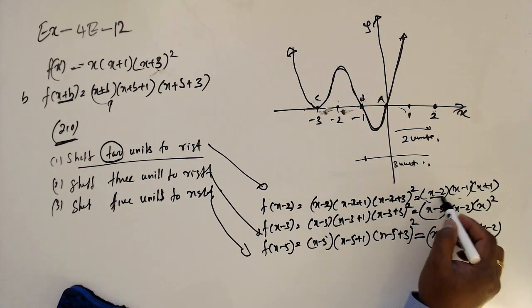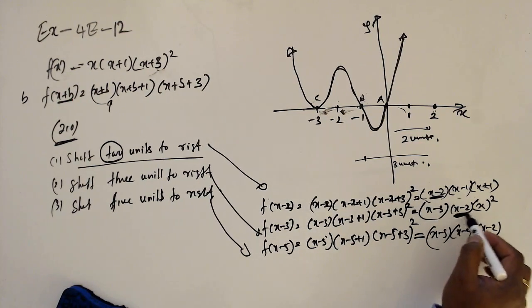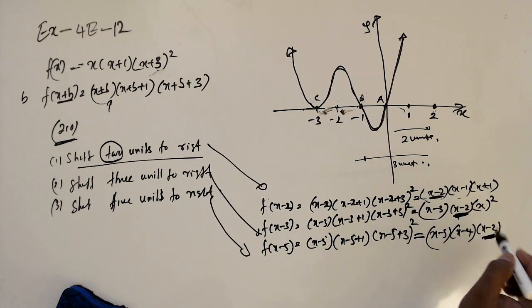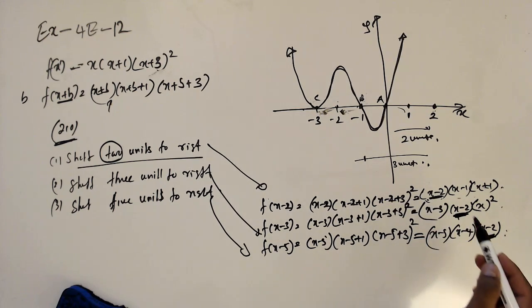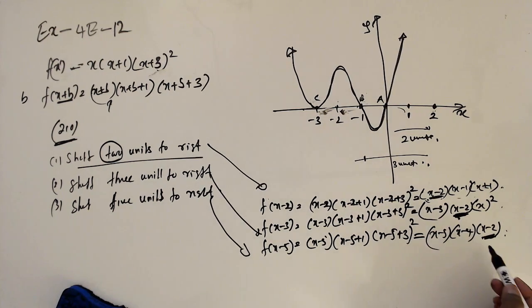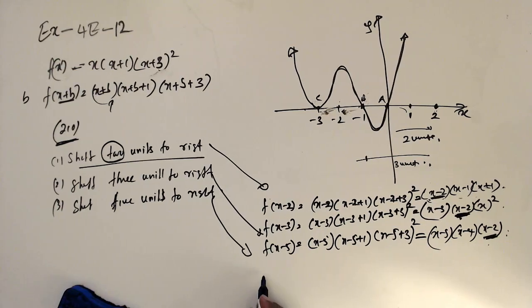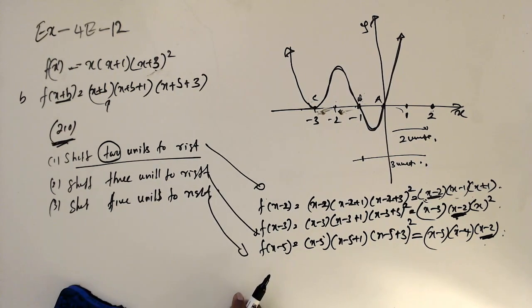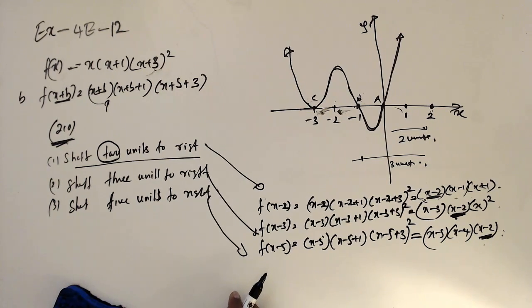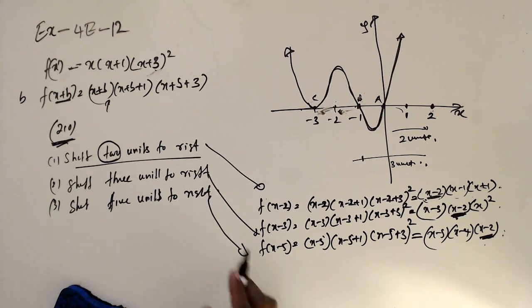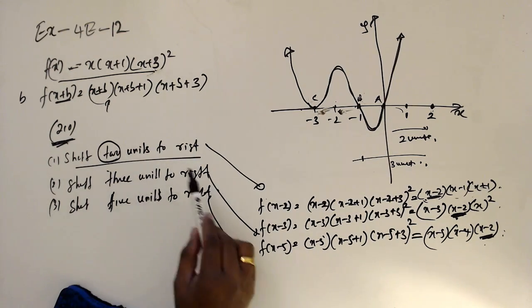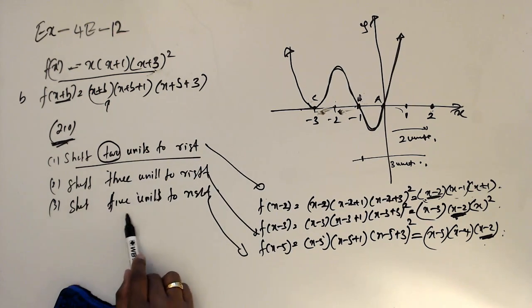Now can you see that x minus 2 is there? If you try to find the root, making it equal to 0, then you will get x equals 2. It means that those three graphs go through (2, 0). We took these three graphs by shifting the main graph 2 units, 3 units, and 5 units.